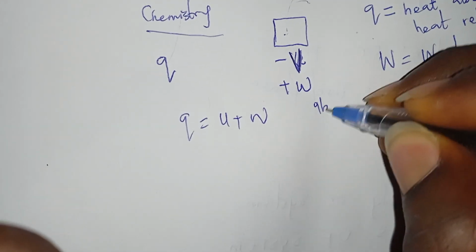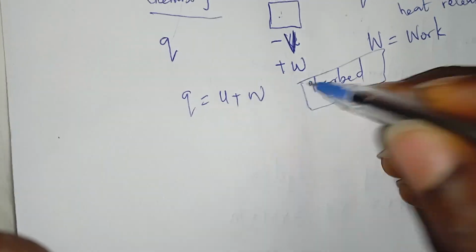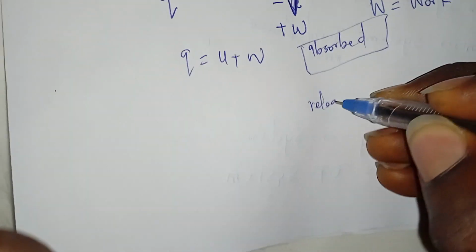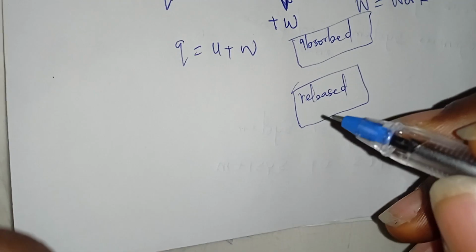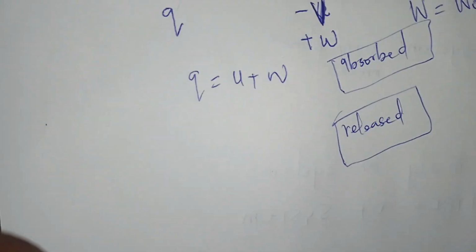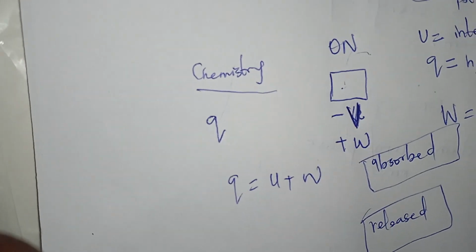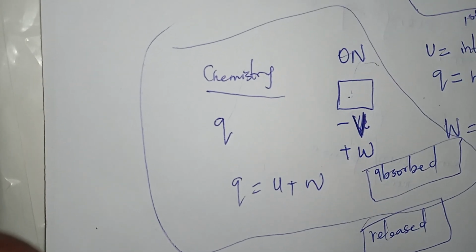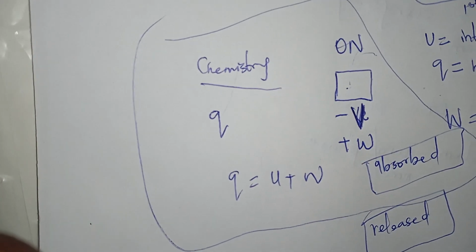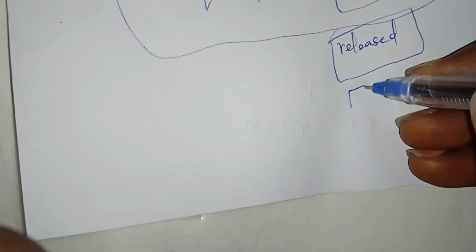Whenever you hear the question say absorbed, that is this case. But anytime you hear heat was released from a system, it means the system is doing work. So when work is done on the system, W is positive, and Q equals U plus W. But when work is done by the system, it means heat or energy is released.